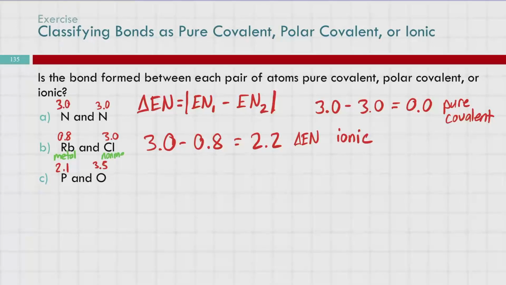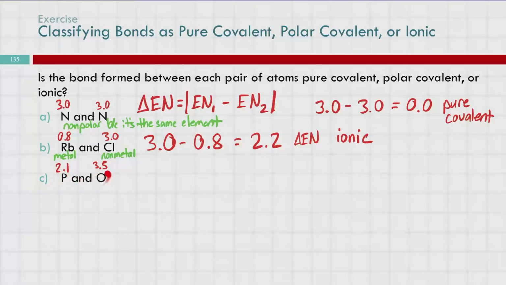Chlorine is a nonmetal. So we could have also predicted that it would be ionic based on being metal and nonmetal. With nitrogen and nitrogen, we could have known that it's nonpolar or pure covalent because it's the same element. So that would be our non-calculation method of figuring it out.